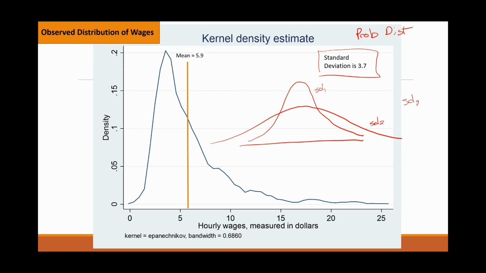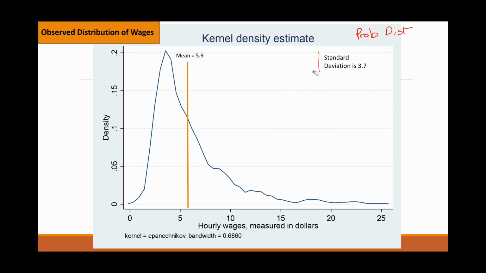So the higher the standard deviation is, the more dispersed the values of the variable are, and therefore the more likely it is to find values that are farther away from the mean. Okay. So that's what the standard deviation tells us. It tells us about how dispersed the data is.